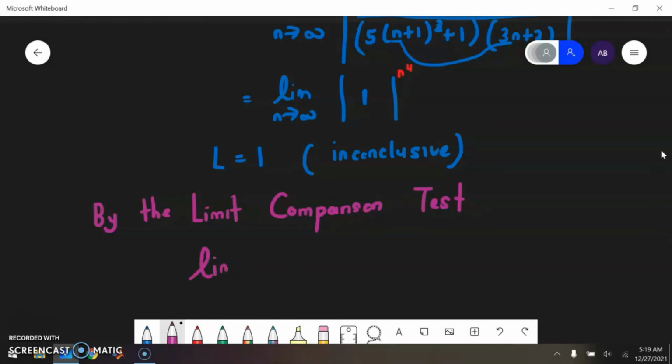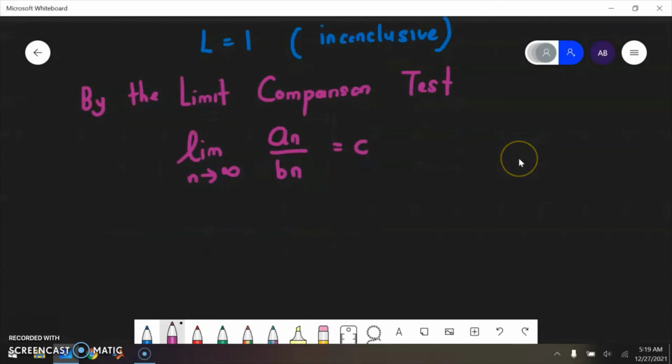Apply the limit as n approaches infinity of a_n over b_n. You must get c. If c is a finite positive number, we say the series converges. If you get an infinite number, you say the series diverges. So you have to find what to compare with.